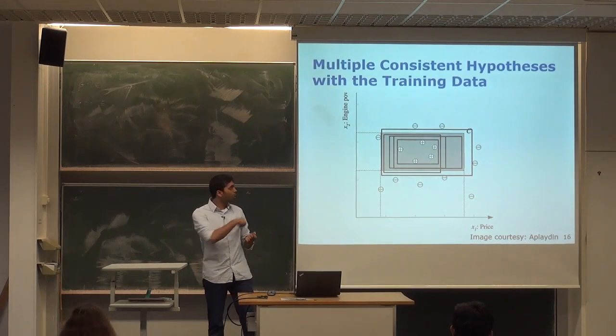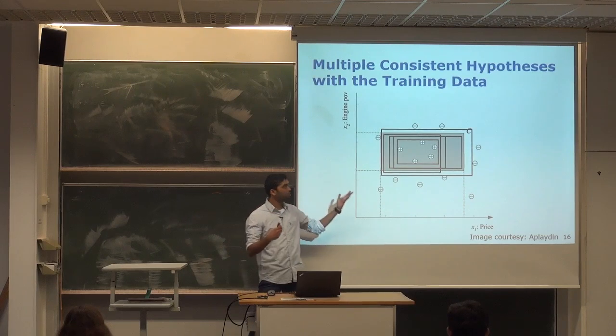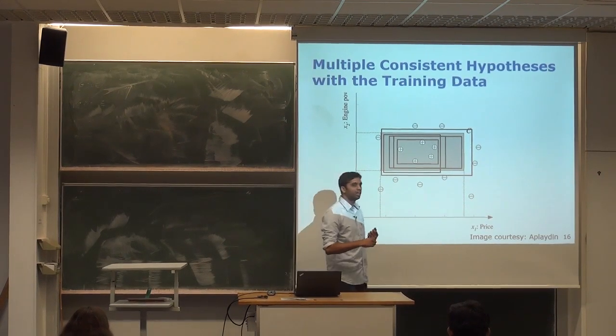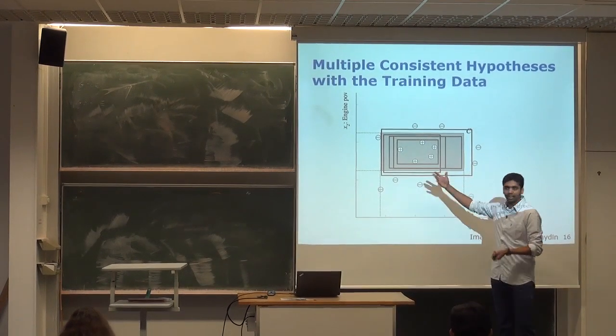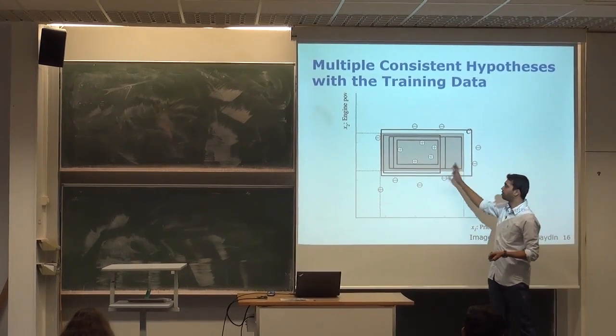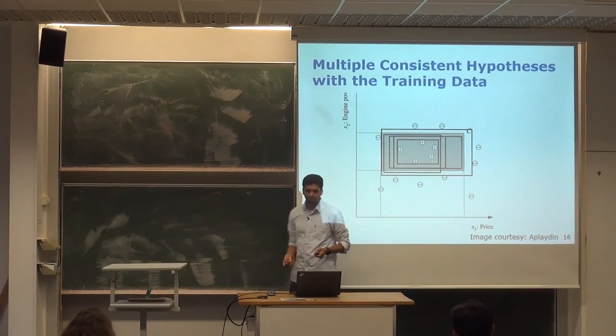So in some sense, all these boxes explain your data quite well. Then the question is, which one of these boxes, essentially this box is the classifier. This is the F that we're looking for. So which one of these boxes is the best box, in a sense?